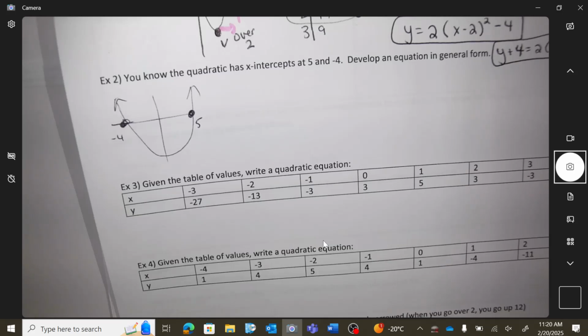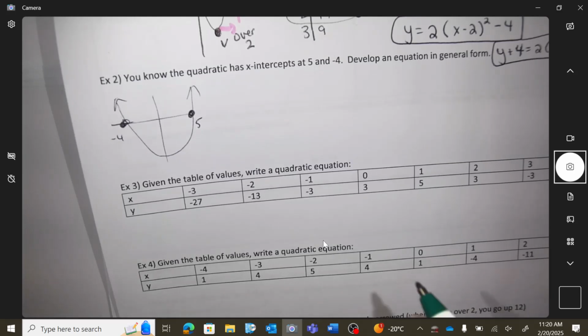So you learned this yesterday. How did we get x-intercepts yesterday? Does anybody remember what we were doing? We were always getting those x-intercepts on the very last assignment you did. It's the F word.